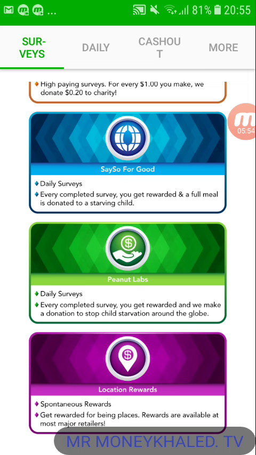And the location rewards company says spontaneous rewards. Get rewarded for being placed. Rewards are available at most major retailers.